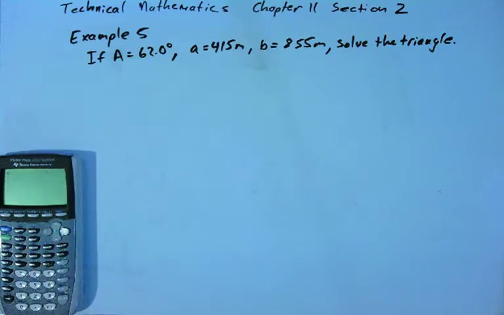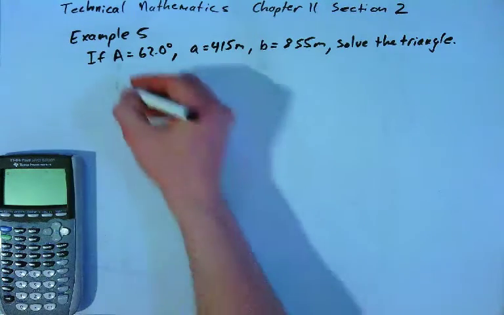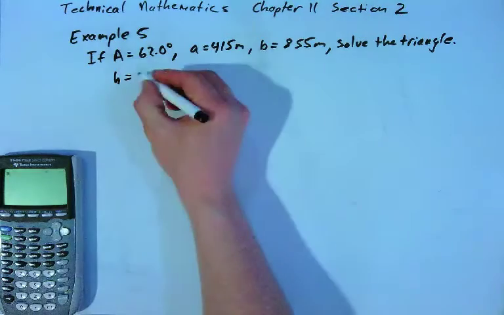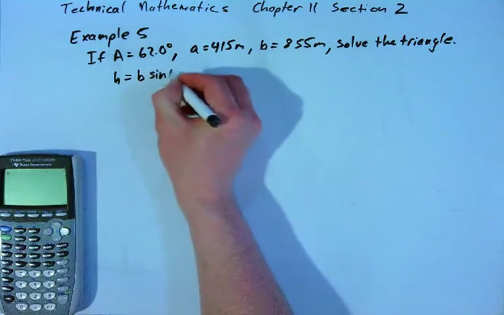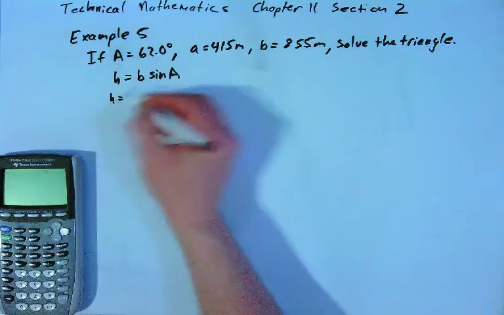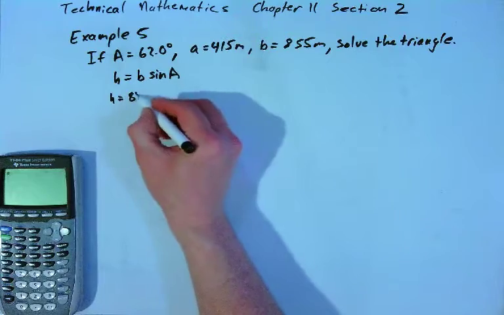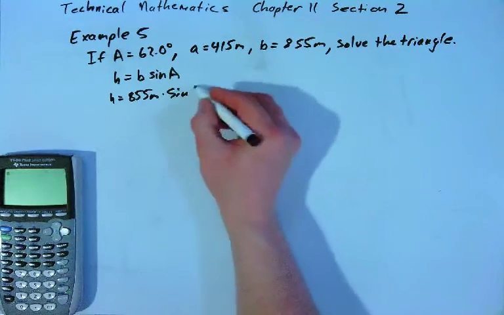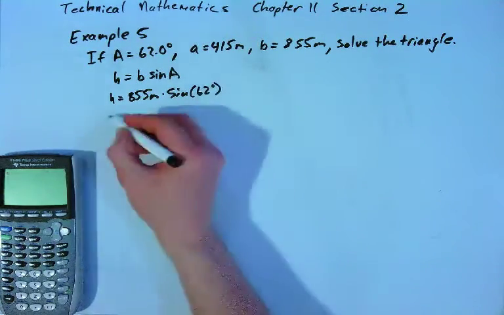This is example 5. It says if angle A is 62 degrees, side a is 415 meters, and side b is 855 meters, solve the triangle. And so again, the first thing we need to do is calculate the height of the triangle. The height of the triangle will be b sine A. And so the height is side b, which is 855 meters, times the sine of angle A, which is 62 degrees.